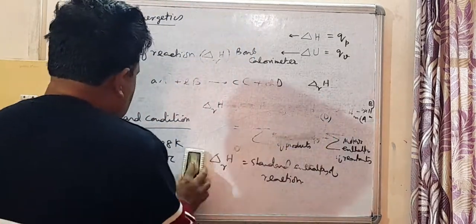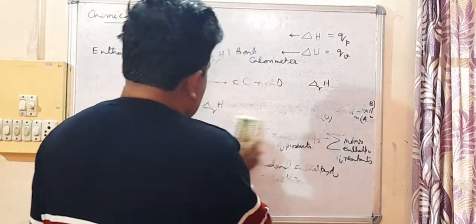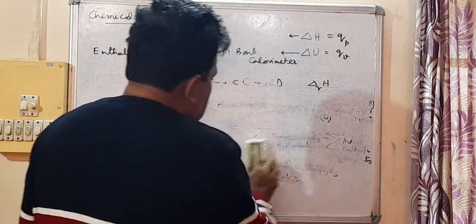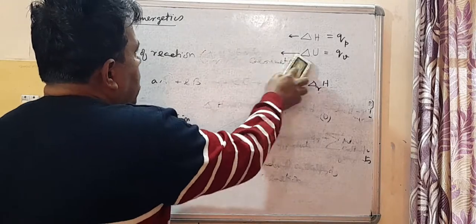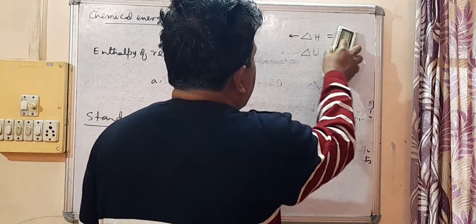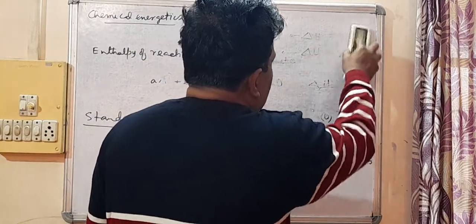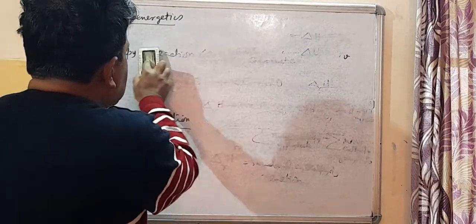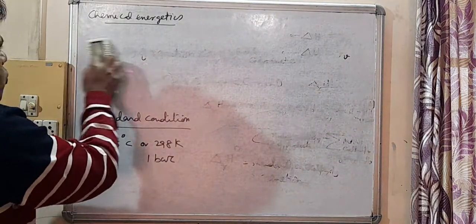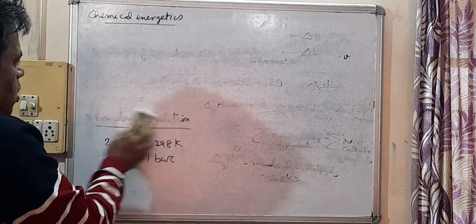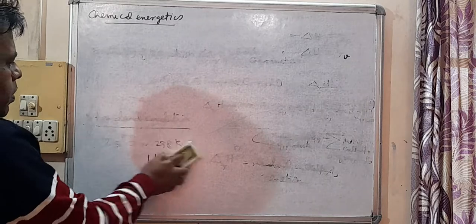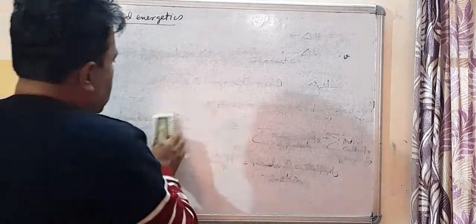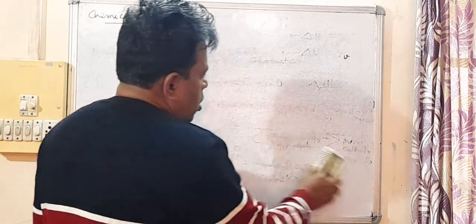Now, children, why do we consider this enthalpy of reaction? Why are we studying this enthalpy of reaction? Because from this value of enthalpy of reaction, we can design conditions to carry out a particular process, to carry out a particular reaction. This you will be understanding better later on.